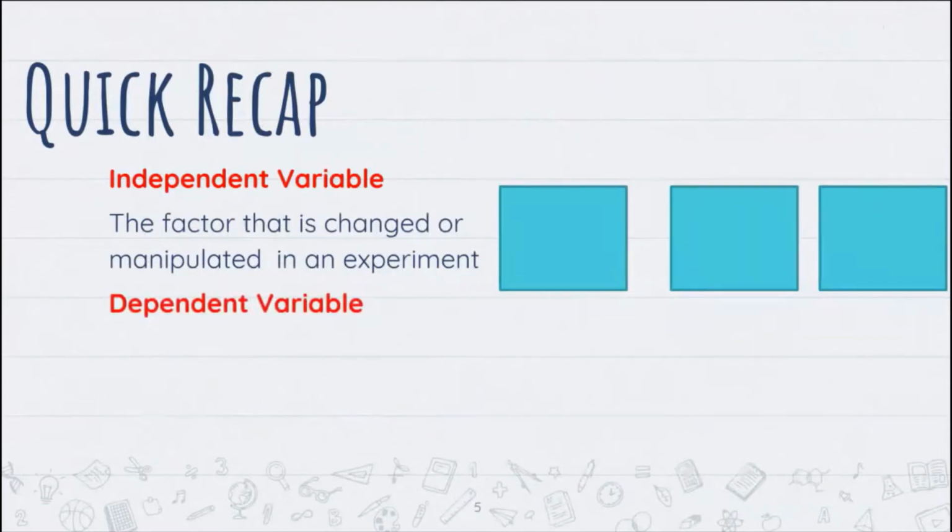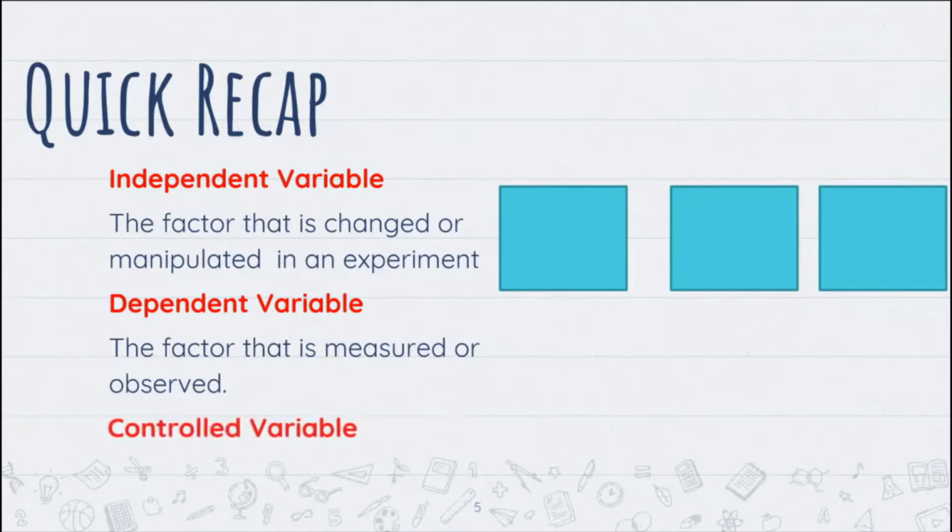So we can say that the independent variable is the cause, while the dependent variable is the factor that is being measured or observed. This will take the effect based on the independent variable. So the dependent variable is the effect, while the independent variable is the cause.